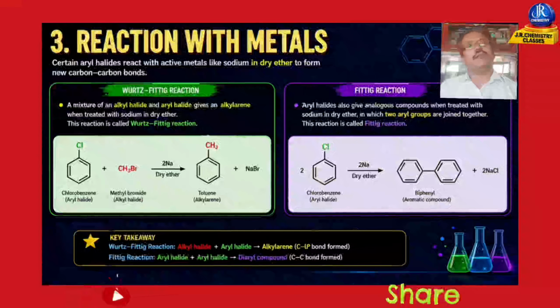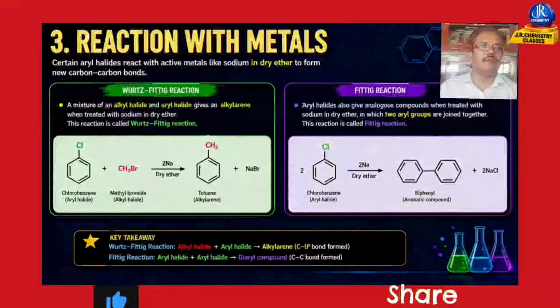And next is Fittig reaction. Aryl halides also give analogous compounds when treated with sodium in dry ether in which two aryl groups are joined together. It is called Fittig reaction.